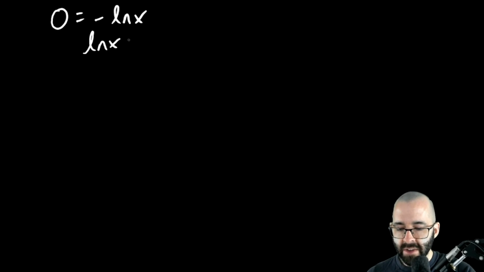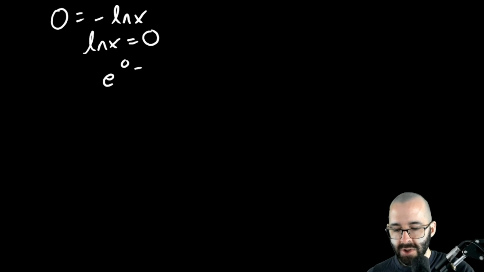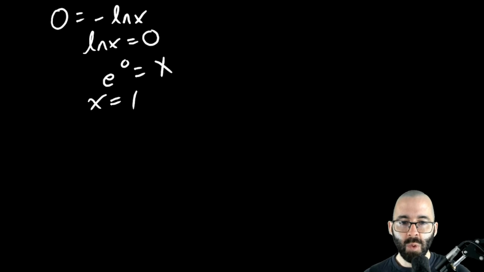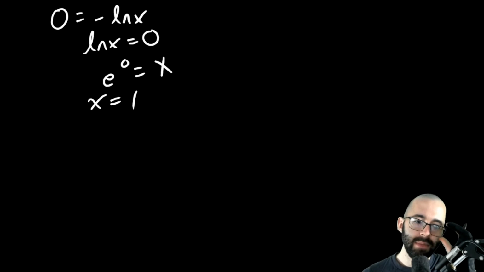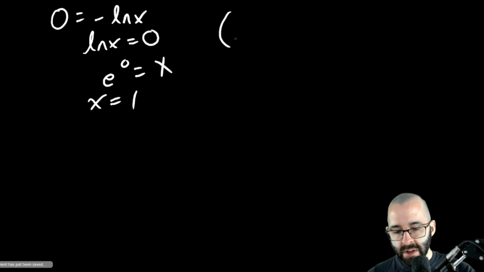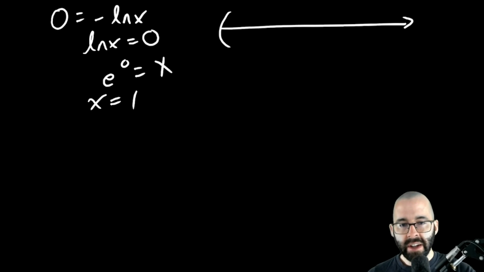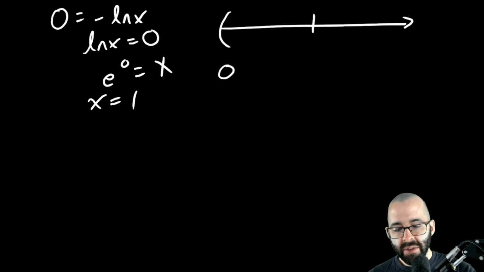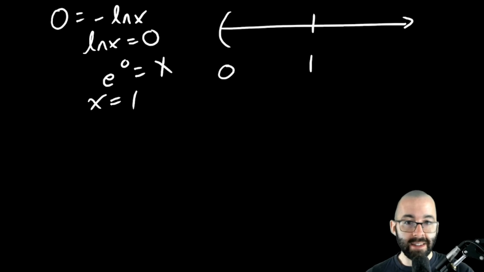That's when the natural log of x equals 0. Convert this into exponential form to get x equals 1. All right. So what we've got here is now we know from 0 to infinity, that's our domain. The only place the concavity might change is when x is equal to 1.